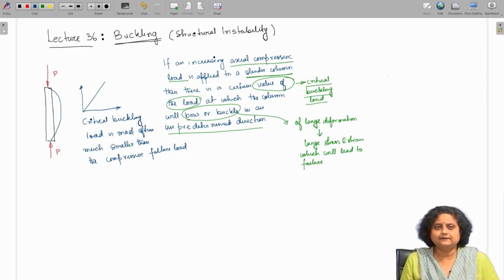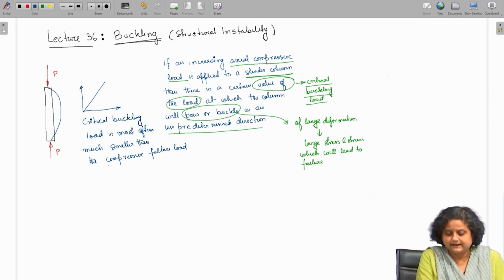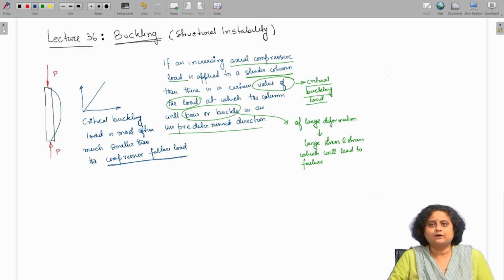So, if I apply an axial compressive load, it will also fail in compressive failure, that is, the applied compressive stress will exceed the ultimate compressive strength of the material, and the material can fail. That is of course a mode of failure of a column.